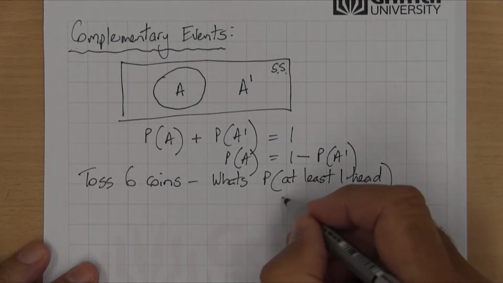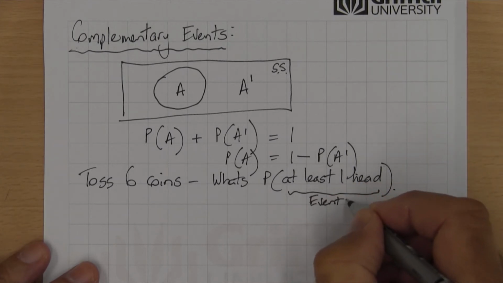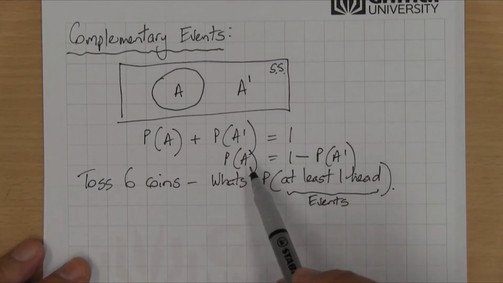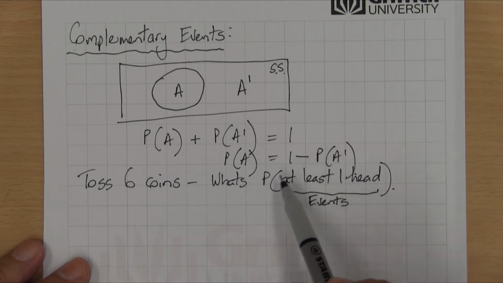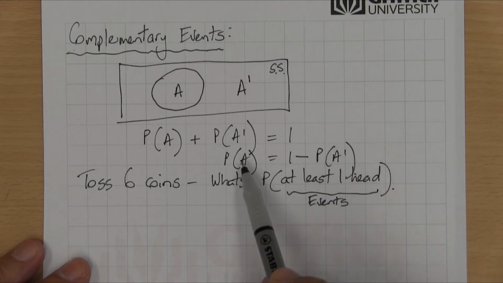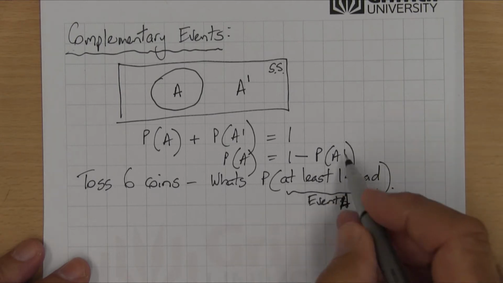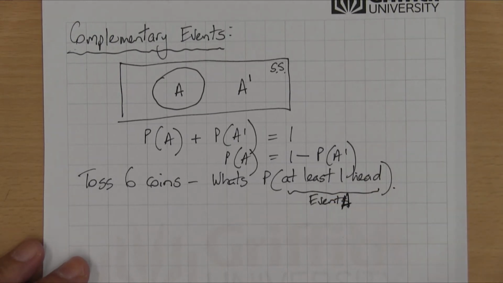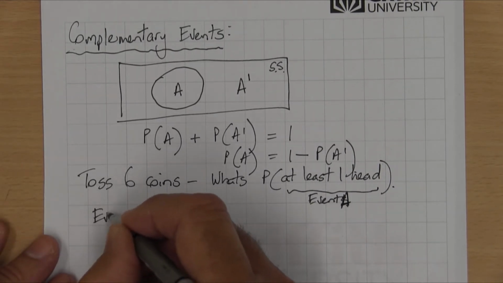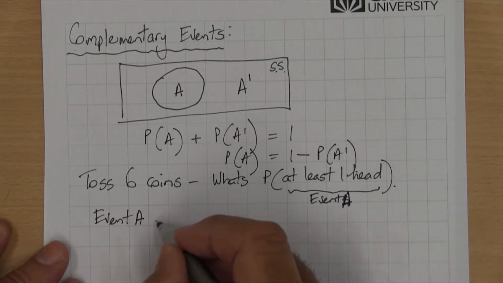Now, at least 1 head is event A in our diagram up above. So we can use this formula here. If we worked out the complement of at least 1 head and took it away from 1, we'll get the probability of A. So event A is at least 1 head.